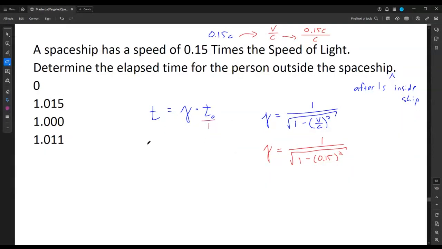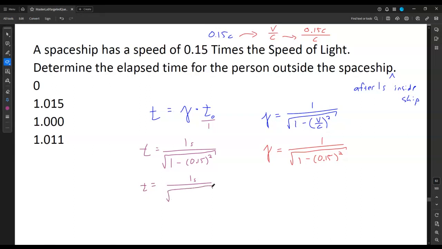And so multiplying these together, we can sort of combine, and we end up with 1 second divided by the square root of 1 minus 0.15 squared. Okay, so we want to sort of start working this down to see what it's going to turn into. And basically what's going to happen is we're going to have 1 second on top all the way through, and then eventually we're going to divide it by some number that's going to scale it.